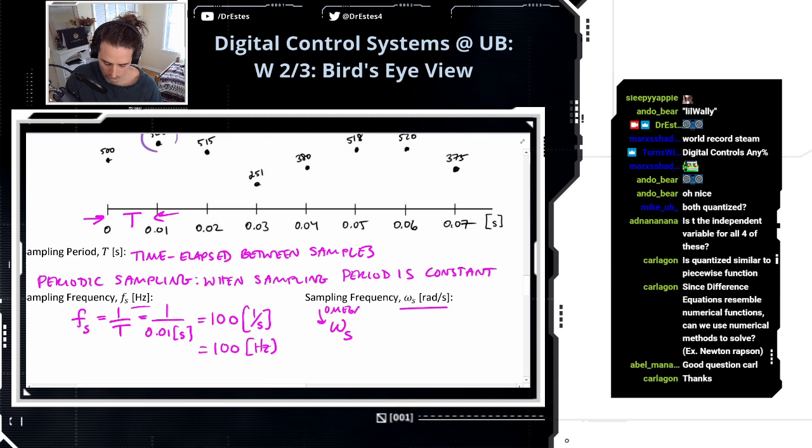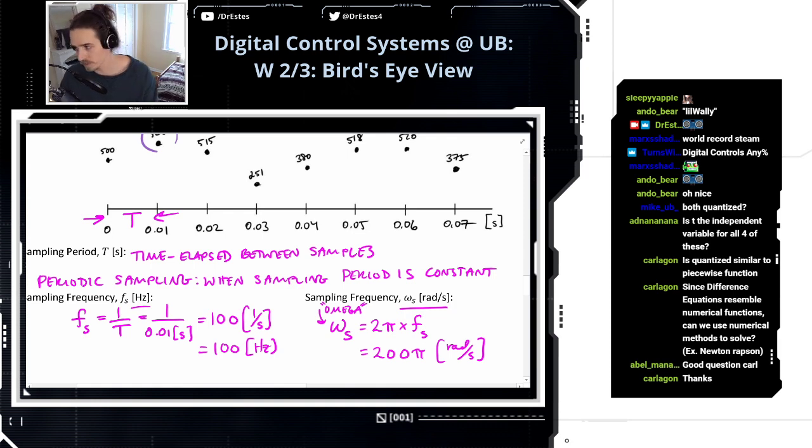It's not a w. We'll call it omega s. So I take 2 pi times my sampling frequency. And so in radians per second, this is 200 pi radians per second. That's our sampling frequency for this example.